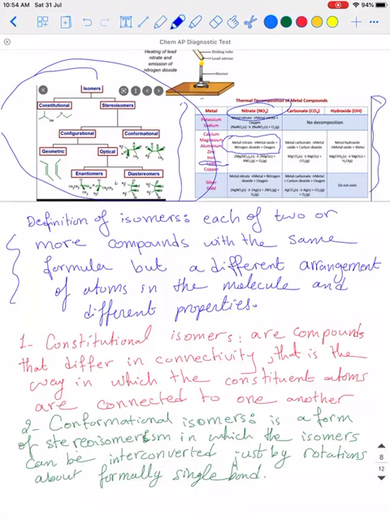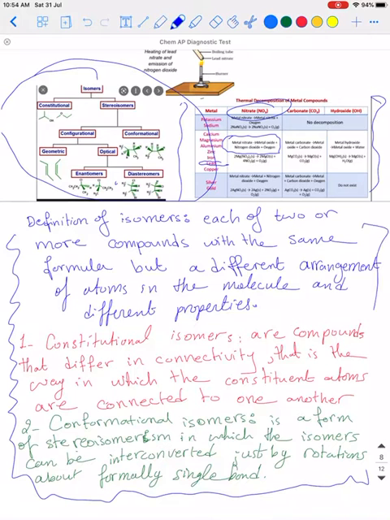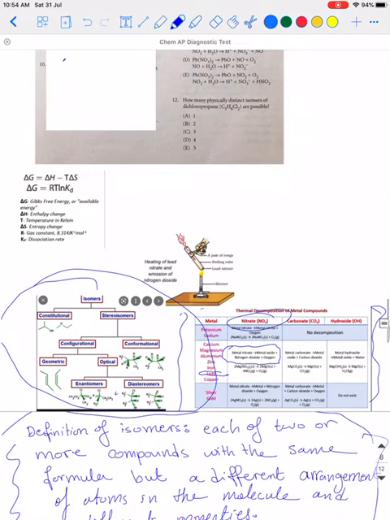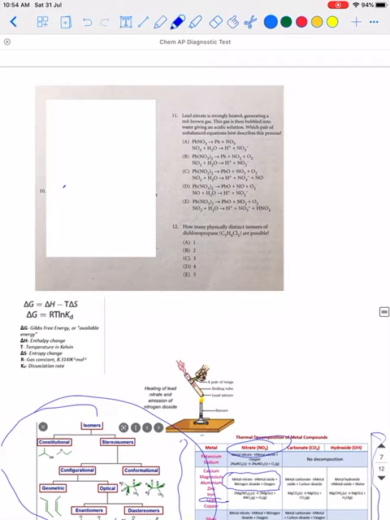I've written some definitions here, and you can look for definitions of isomers. The important thing about isomers is that each of two or more compounds have the same formula but a different arrangement. This will help me in choosing the appropriate answer.